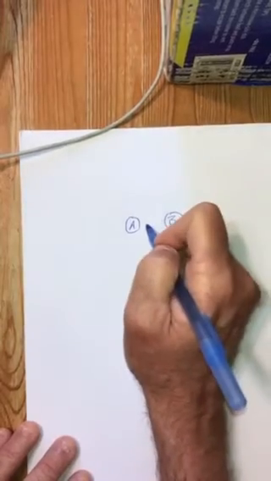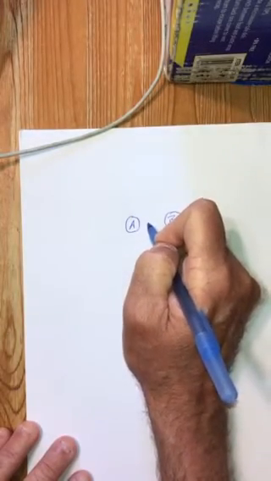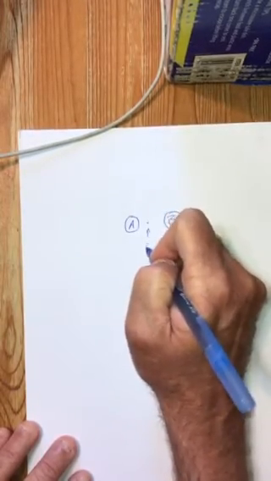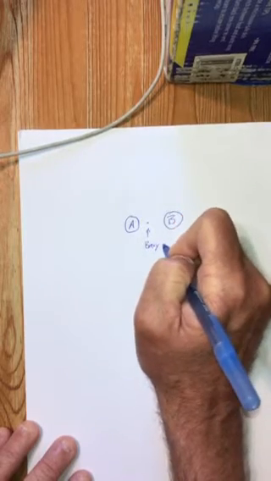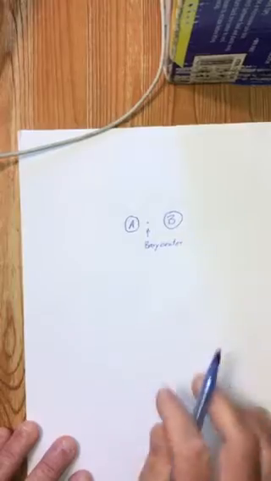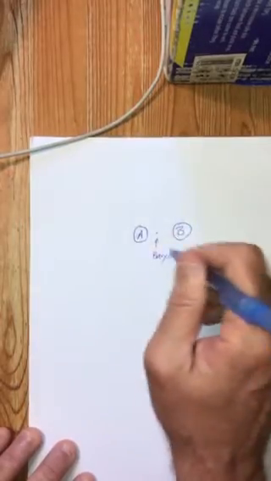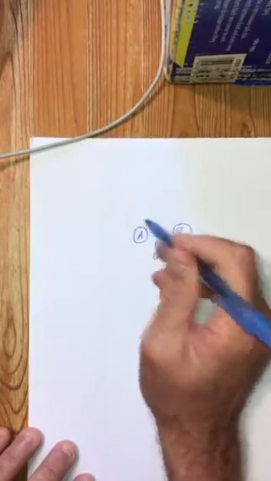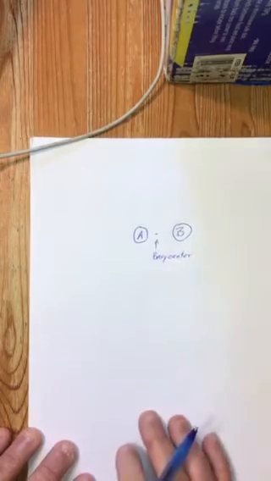Those two stars are orbiting a point that's called the barycenter, which is the center of mass between those two stars. So those two stars are orbiting this barycenter in some complicated way.